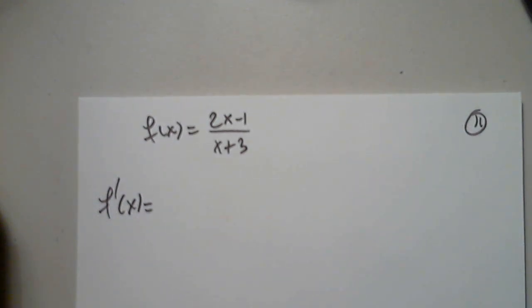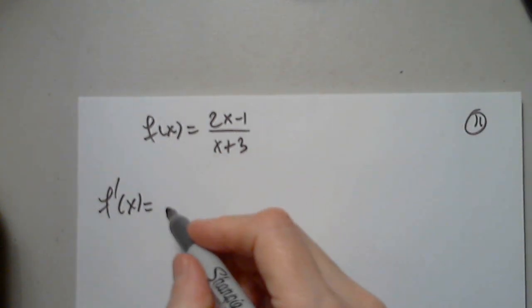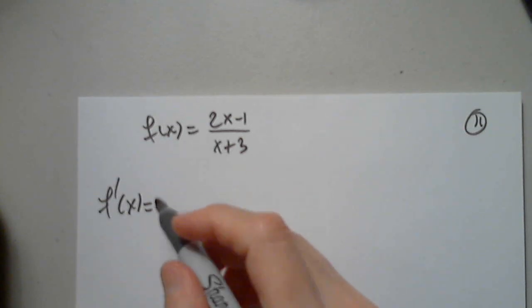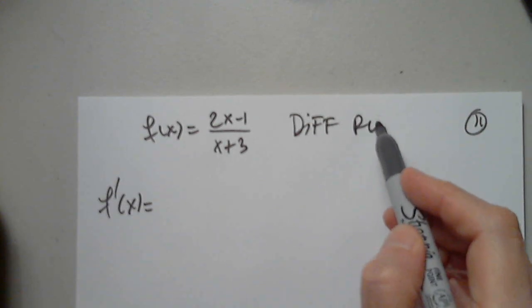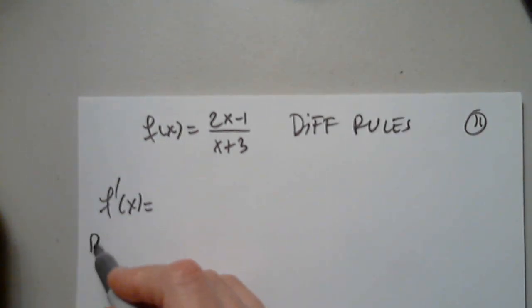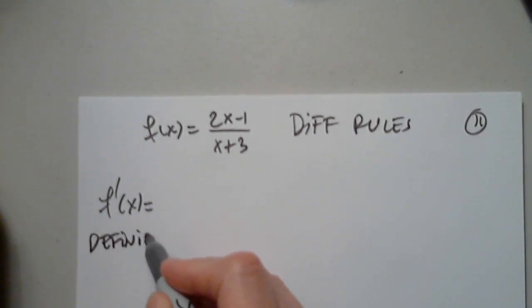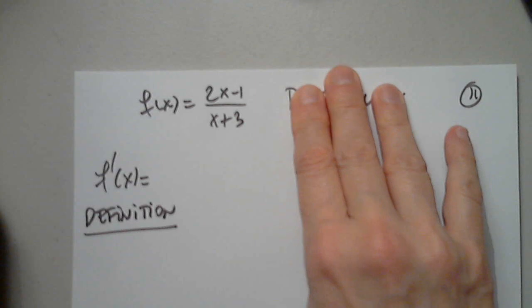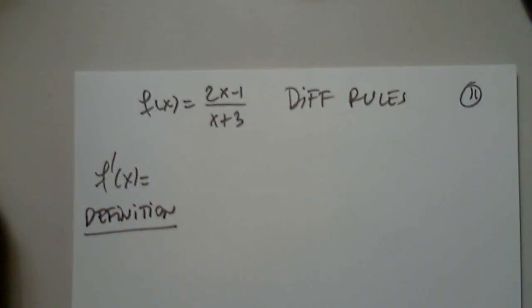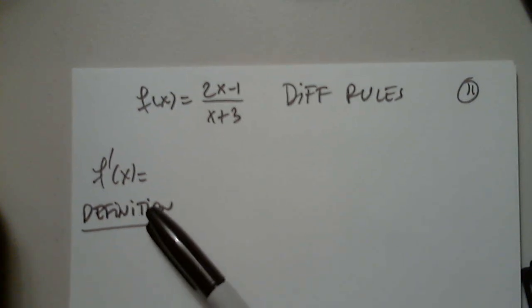So we have to do the quotient rule. That's differentiation rules. Yeah, we want the definition. There is only one definition. You can check with differentiation rules, but we are asked to apply the definition. What is the definition of the derivative?